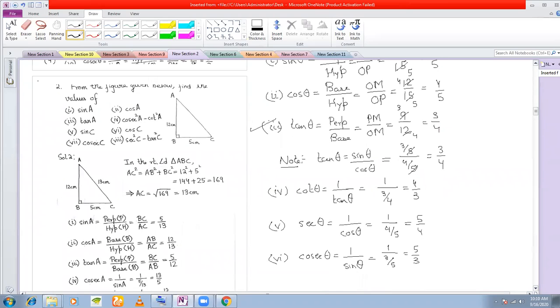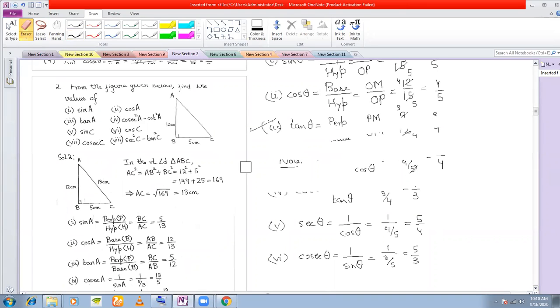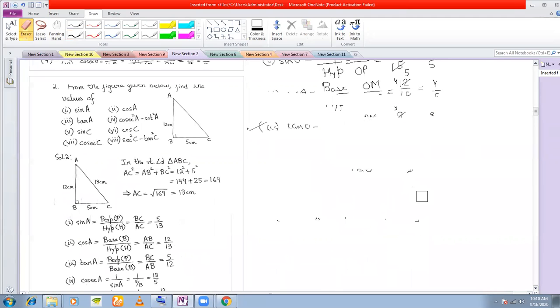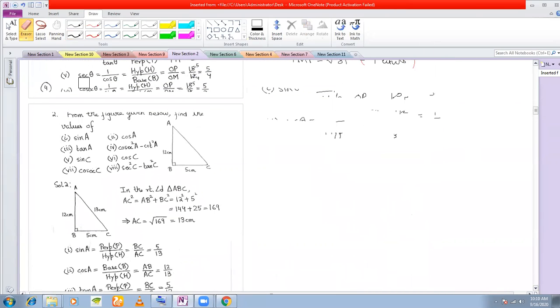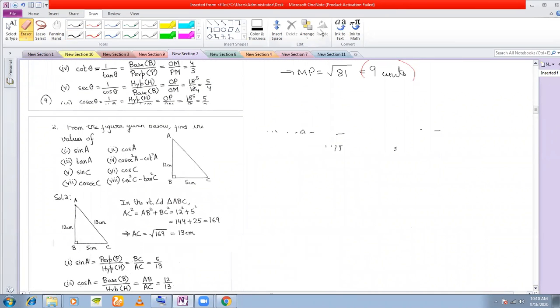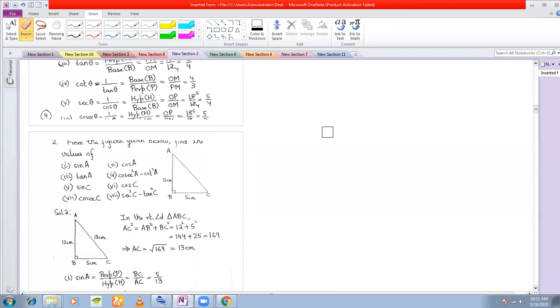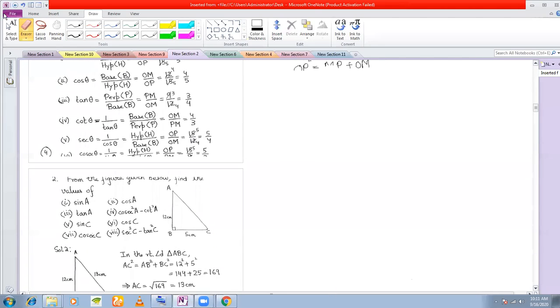From the figure given below, find the values of sin A, cos A, tan A, cosec square A minus cot square A. Let me just draw this right angle triangle once again.